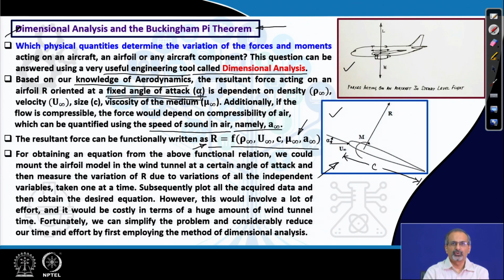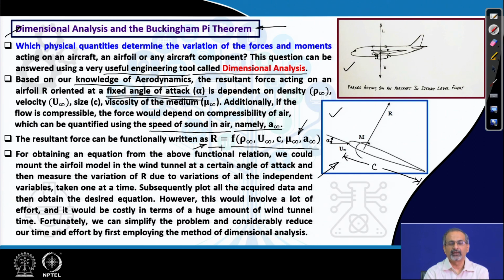Now, if you want to address this problem and try to find out what exactly is the functional relation here, one way could be that you mount the airfoil model in the wind tunnel at a certain angle of attack and then you measure the variation of this force R. How? By varying all the independent variables one at a time. So, what will happen?